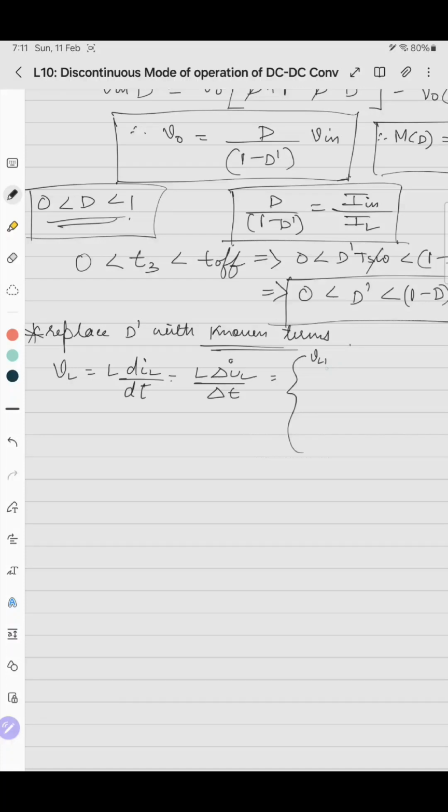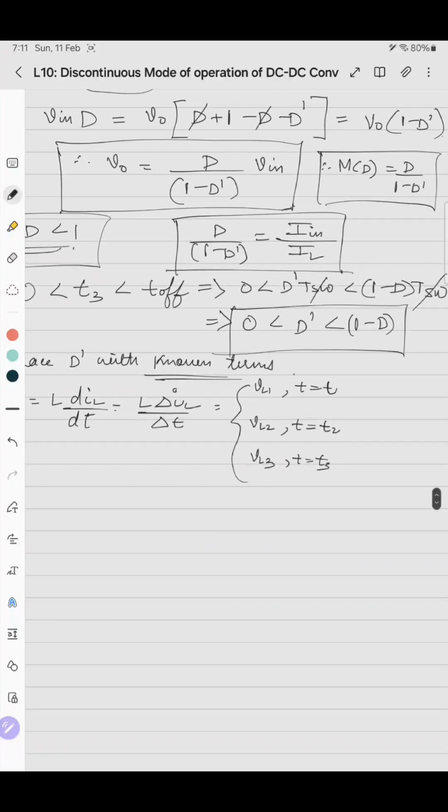This is for T equals T1, this is for T equals T2, and this is for T equals T3. We can write L delta IL by delta T as L delta IL by D into T switching, or T1, this is L delta IL by T2, and this is L delta IL by T3.